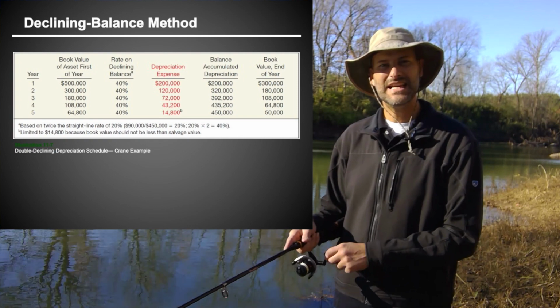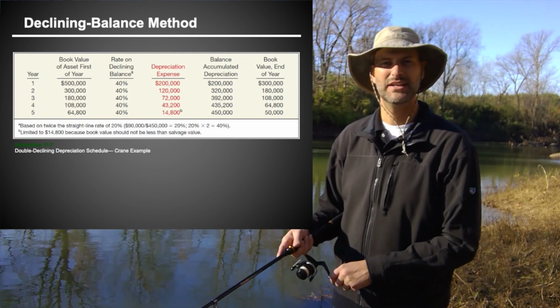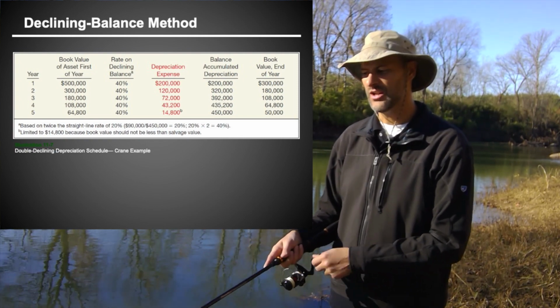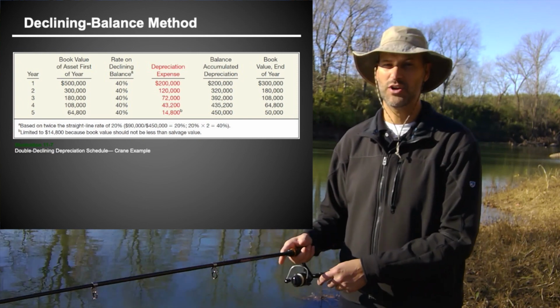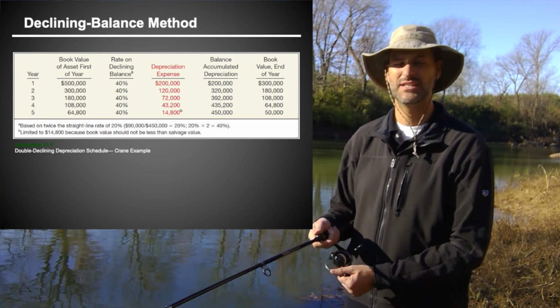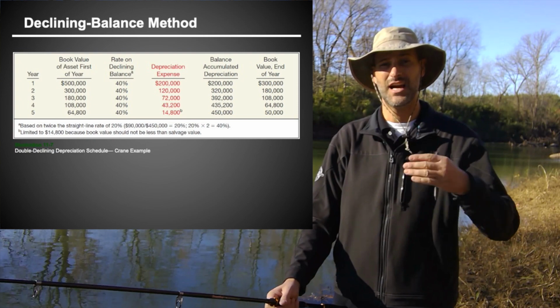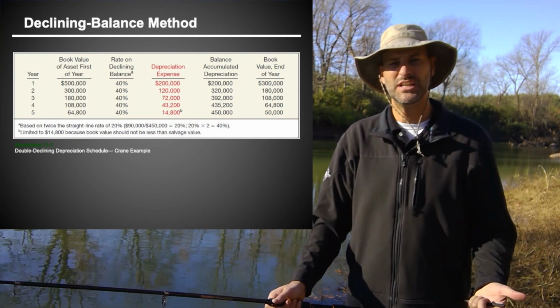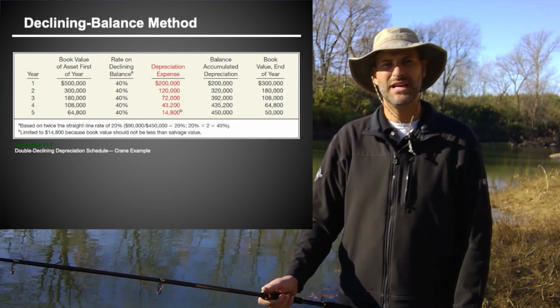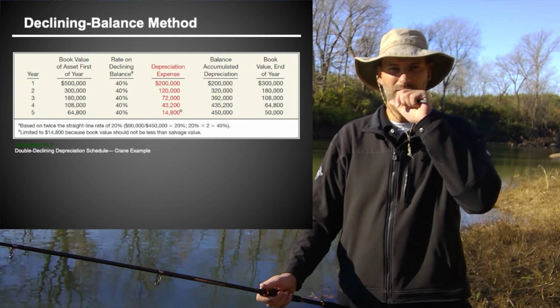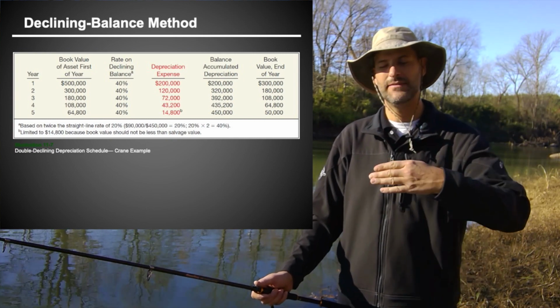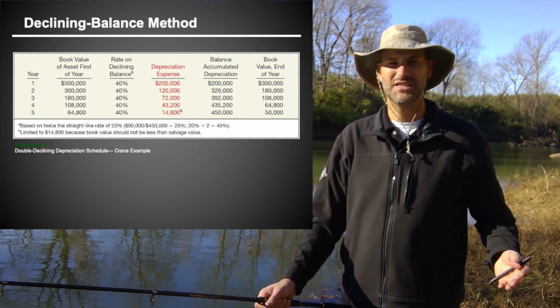We continue doing this every year of its life until we hit salvage value. As I mentioned, we don't consider salvage value when we start, we consider salvage value at the end. We just stop depreciating when we hit salvage value, which in this case is in our 5th year. Our 5th year runs it all the way down to $50,000. When we hit $50,000, we stop.